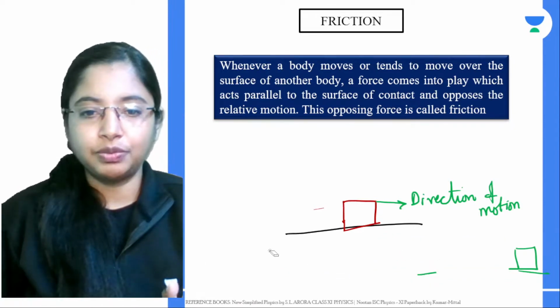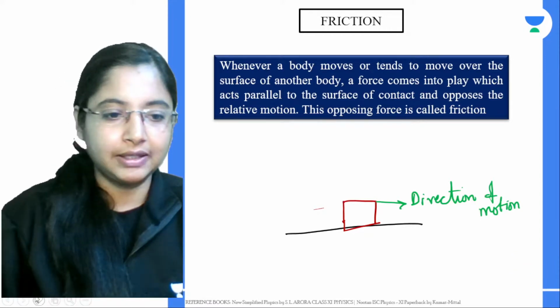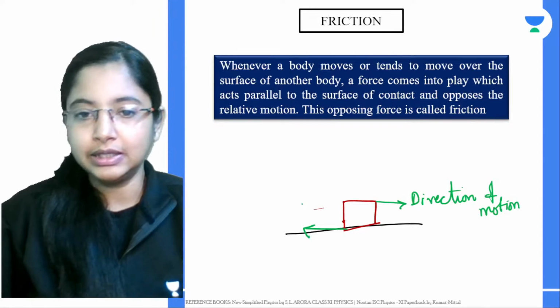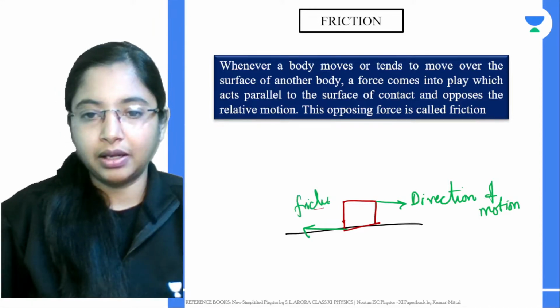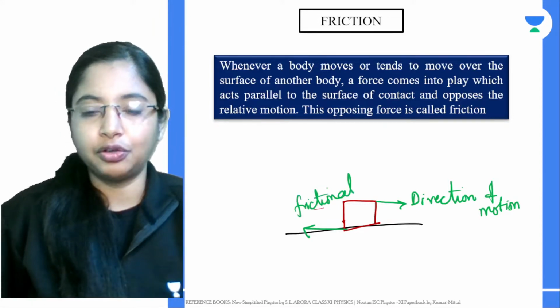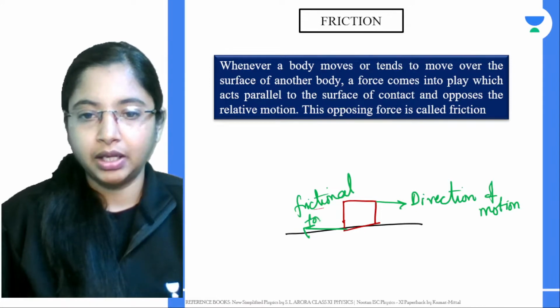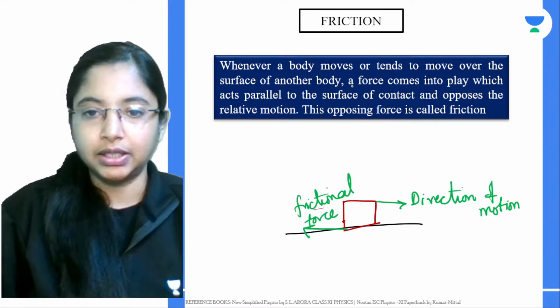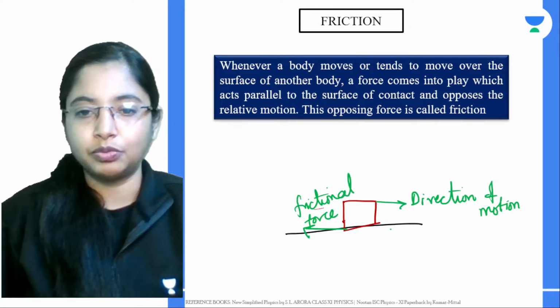That particular force which is making that object come to rest is your friction, and it is acting in a direction opposite to the direction of motion of the object. So whenever a body moves, it tends to move over a surface of another body, meaning let's say this block is moving over a table.